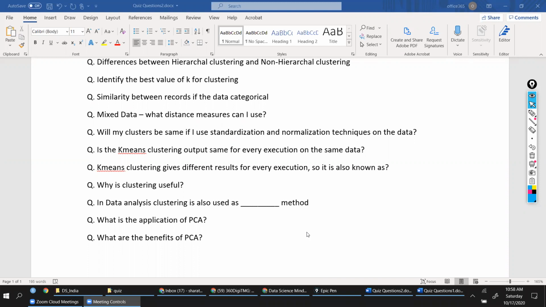Reduce the number of columns to reduce the computational complexity. And the primary benefit is to achieve performance. You will be able to do the prediction much faster. The another benefit is visualizing the data. A multivariate data can be visualized in PCA.